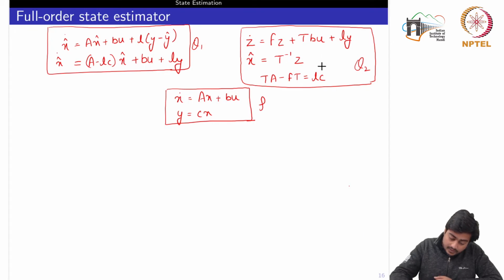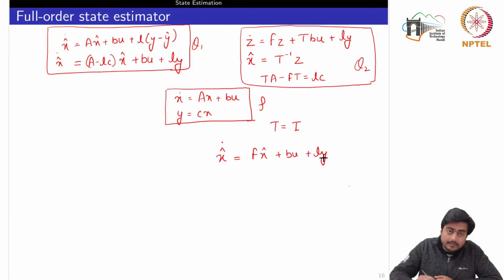Now in these two observer designs, you would also notice that if I put T equal to the identity matrix in this observer, then I would obtain x hat is equal to z, and then I can replace the state equation of this observer as x hat dot is equal to F x hat plus Bu plus Ly.